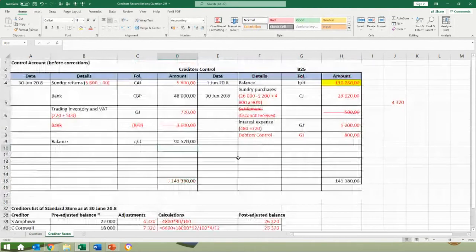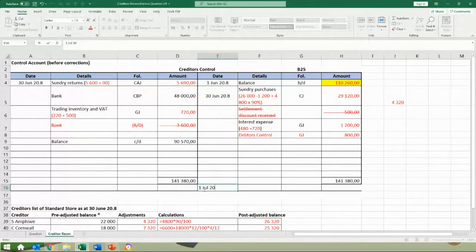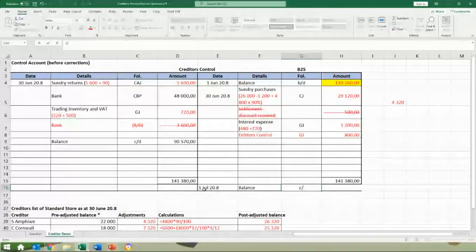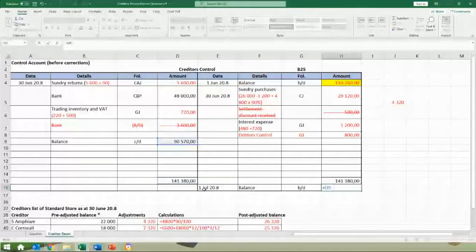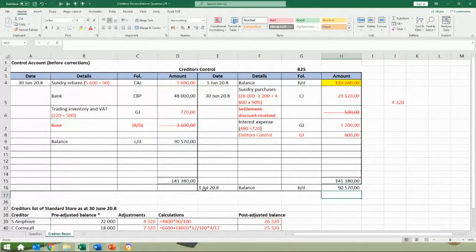Should be the 90,000. And this would be 1 July 28. Okay, so based on the creditors listing, we know that the balance should be 9570.